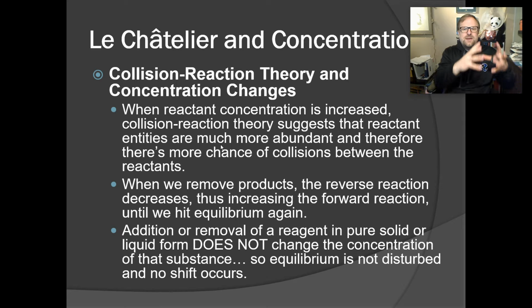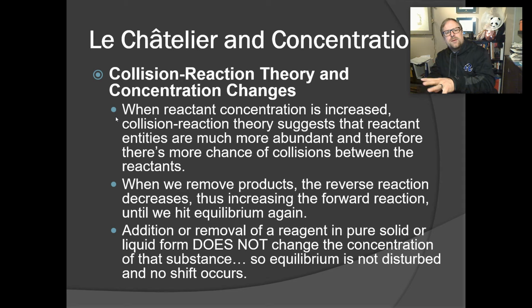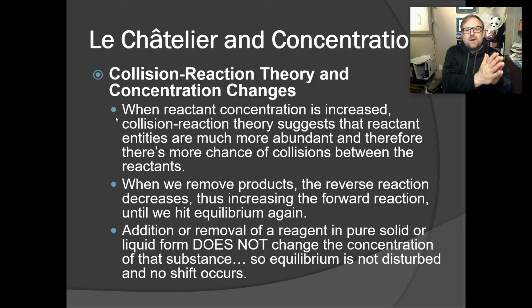And that means there is an increased probability of collisions between reactants, an increased probability of collisions with the right orientation and the right amount of energy in order to create products. So because we've increased the probability of reactants colliding with each other, it's going to shift forward.